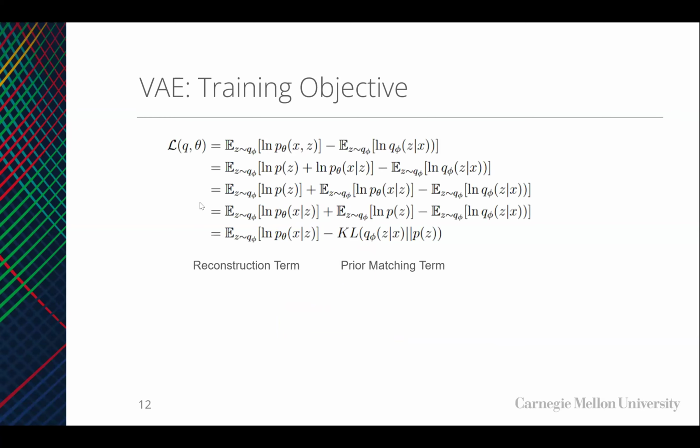It all boils down to two terms. The reconstruction term is the expectation under the posterior distribution of the log likelihood of the conditional distribution, minus the KL divergence between the posterior and the prior of the latent variable.